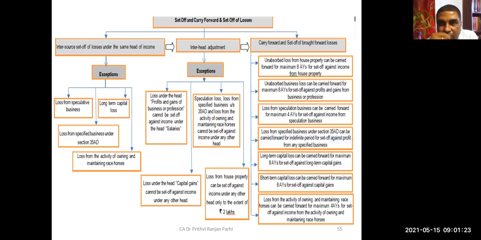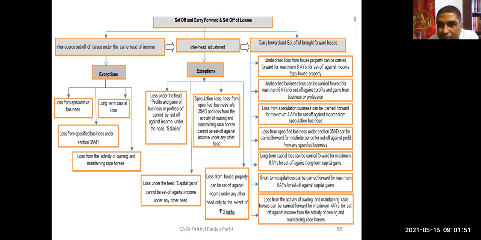Very good. Now coming to carry forward and set off of brought forward losses. Unabsorbed loss from house property can be carried forward max for 8 years, but it can be set off only against house property. Unabsorbed business loss can be carried forward max up to 8 assessment years, and can be set off against PGBP. Loss from speculation business can be carried forward for 4 assessment years, and can be set off against speculation income.